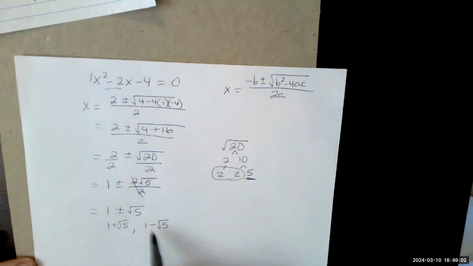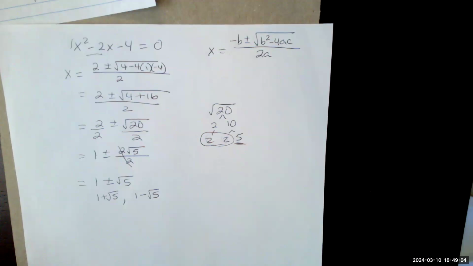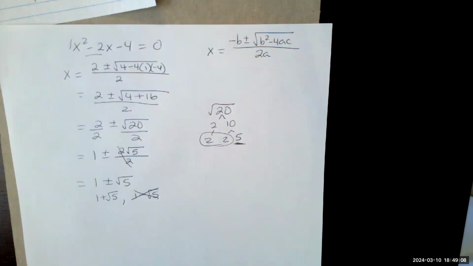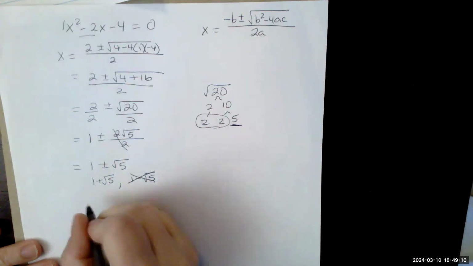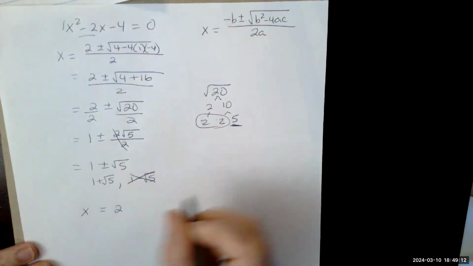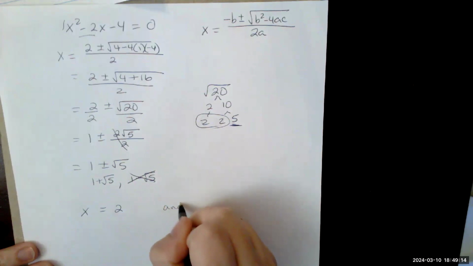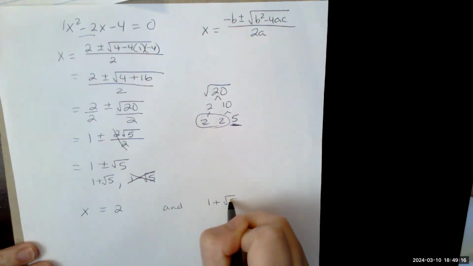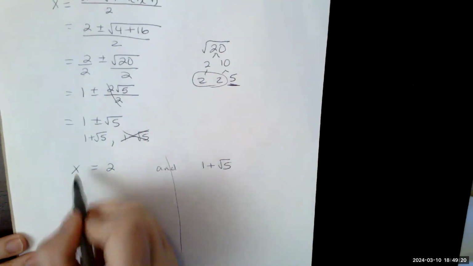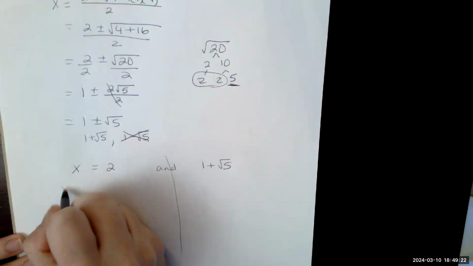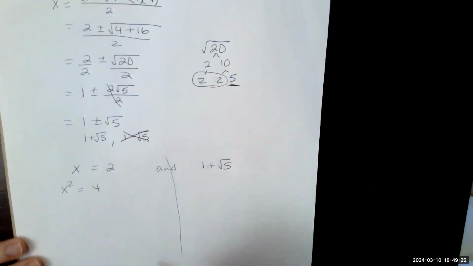But if you do this, you'll see you get a negative number. And if we're trying to find the length of something, it cannot be negative. So my two options for x are 2 and 1 plus square root of 5. So let's just start with the 2. If x is 2, what would x squared be? 4.